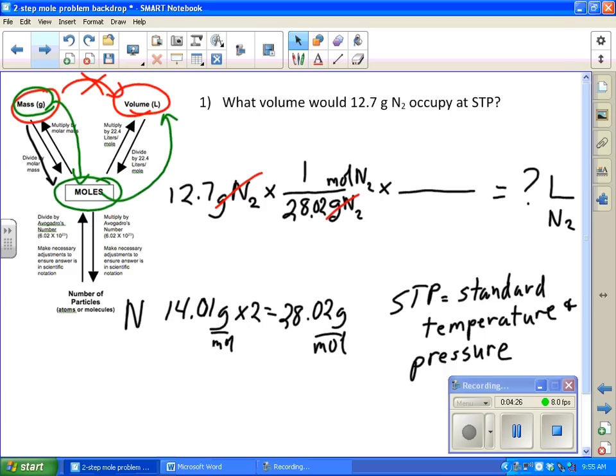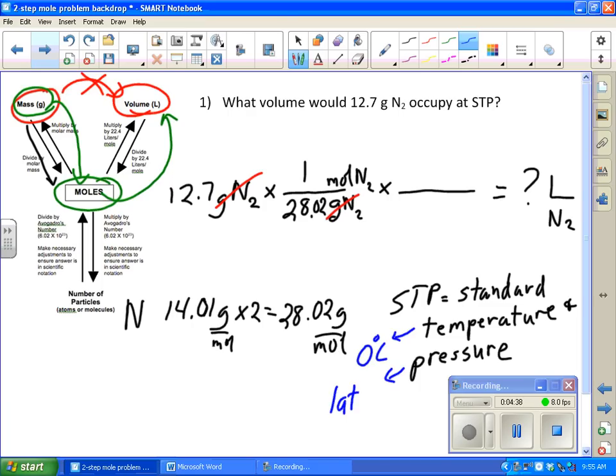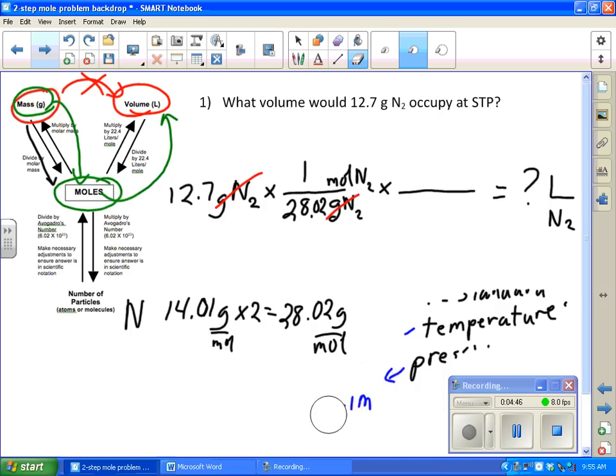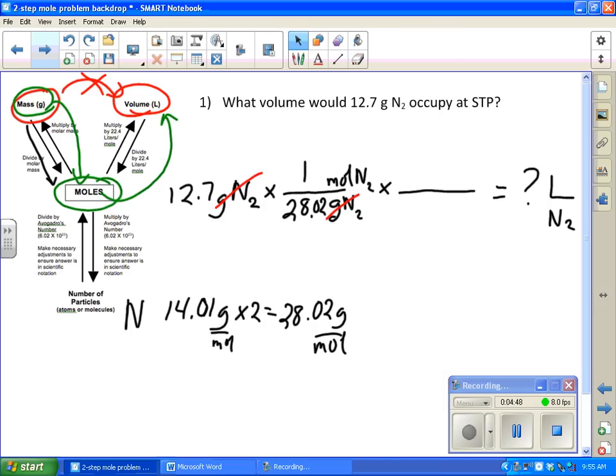And we know that standard temperature is a chilly 0 degrees Celsius. And standard pressure is the pressure at sea level, which is considered to be 1 atm, 1 atmosphere of pressure. Okay, I'm going to get rid of this portion. That's a review. Have more room to write.